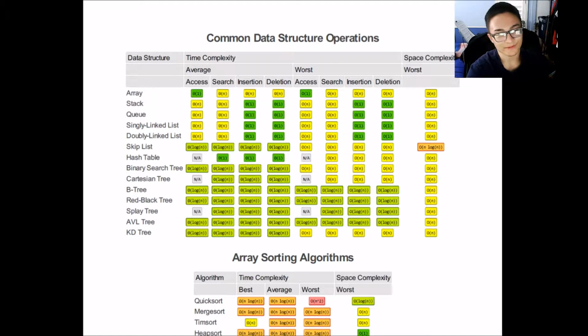And moving on, if you go to a stack and a queue and a singly linked list and a doubly linked list, these are all characterized by exactly the same access, search, insertion, and deletion for average and worst case. Obviously, all of these are still O(n) for space complexity.